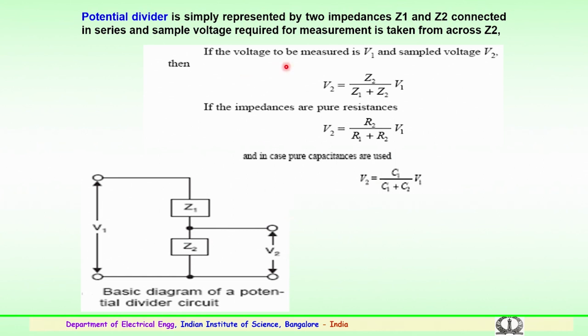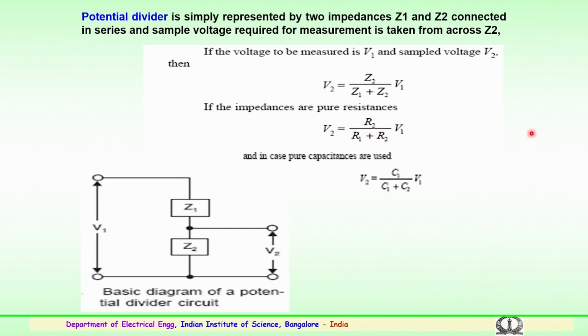So, in case the voltage to be measured is the applied voltage V1, the sample voltage, that is V2 here, the voltage obtained across Z2, is given by V2 equal to Z2 by Z1 plus Z2 into V1. If the impedances are pure resistances, then V2 is given by the formula R2 divided by R1 plus R2 into V1.